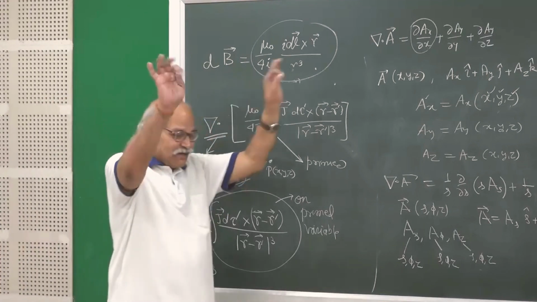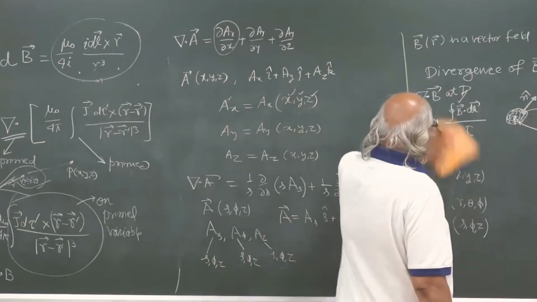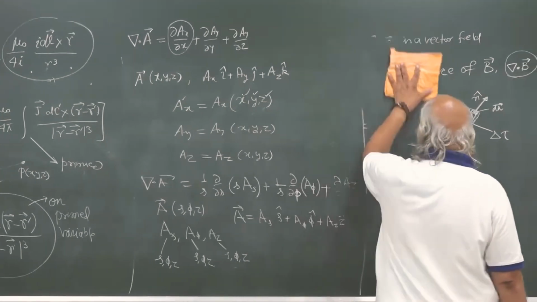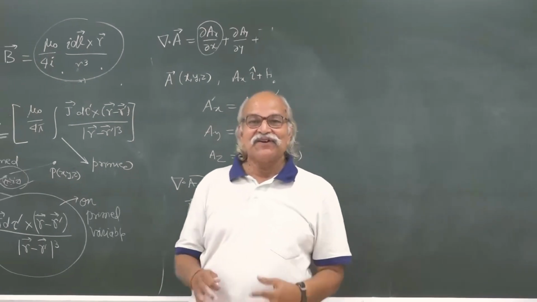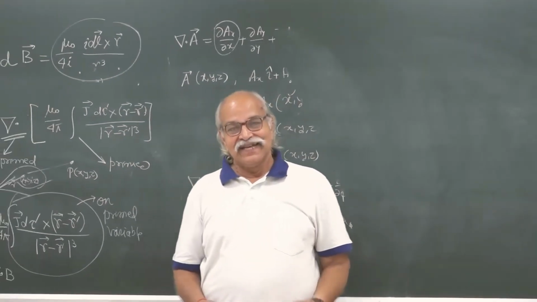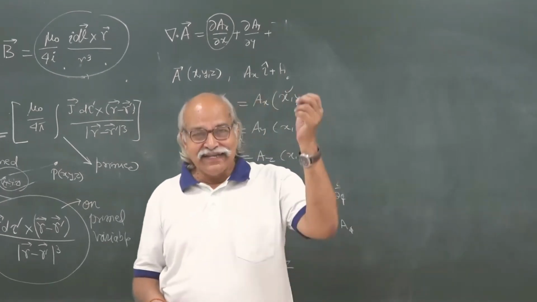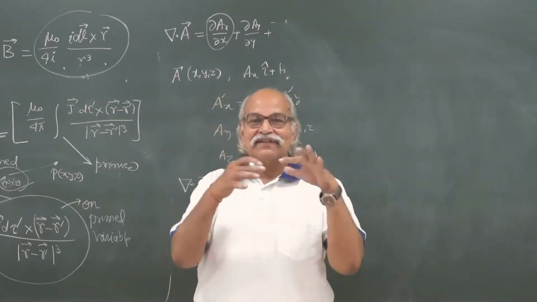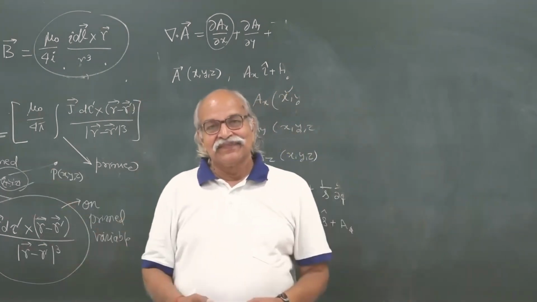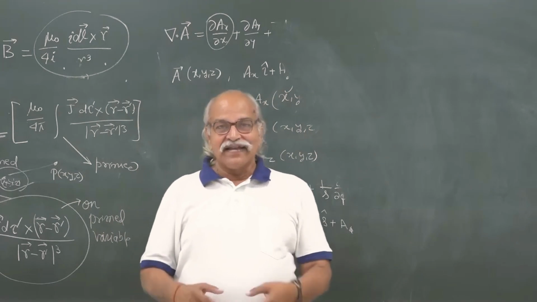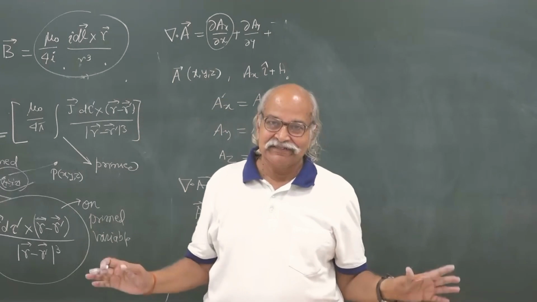Now the final statement of today's lecture: no matter what kind of current distribution you have, whether it is a circular loop, a solenoid, a line, or some surface current. Surface can be of different nature, volume current, different kinds of volume distributions of current, whatever.